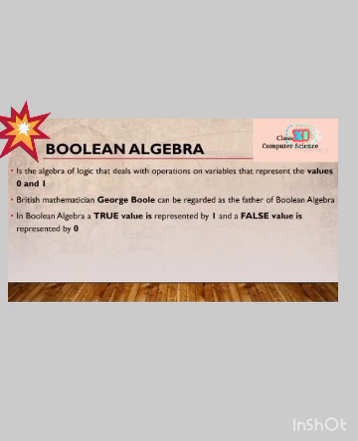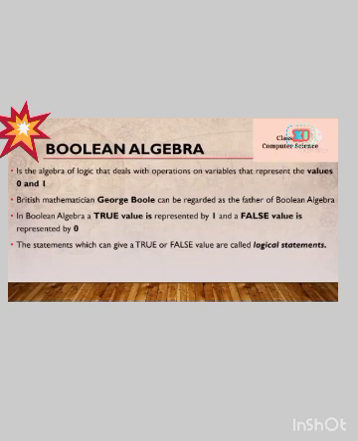In Boolean algebra, a true value is represented by 1 and a false value is represented by 0. It will be like a yes or no, or on or off condition. On is for the 1 state and off is for the 0 state.